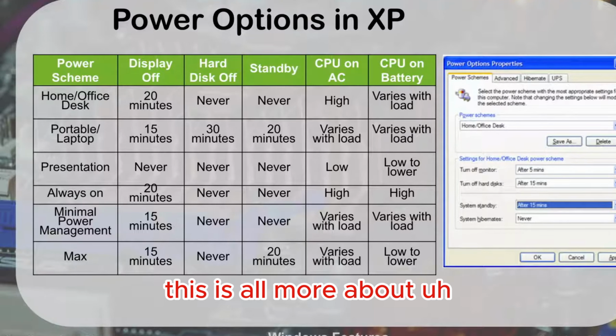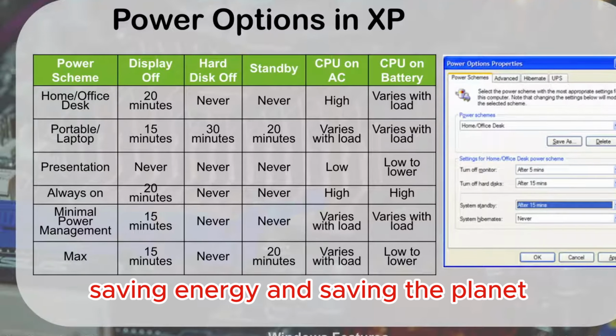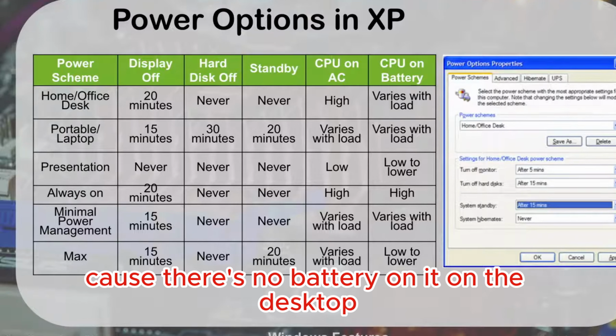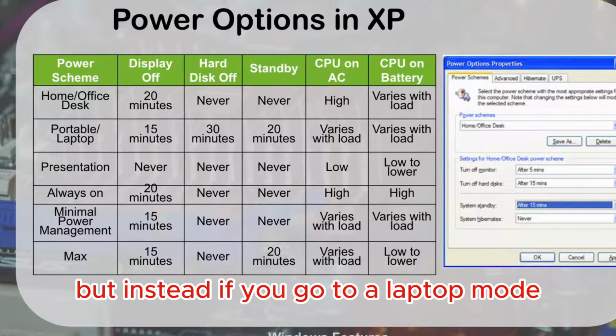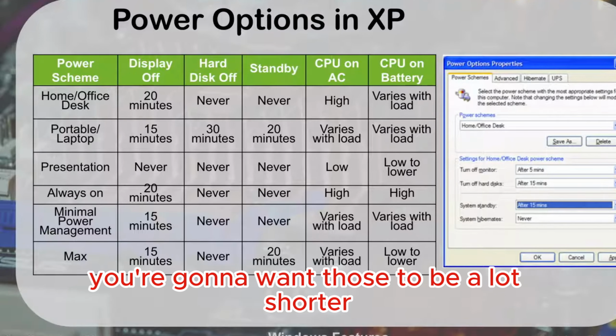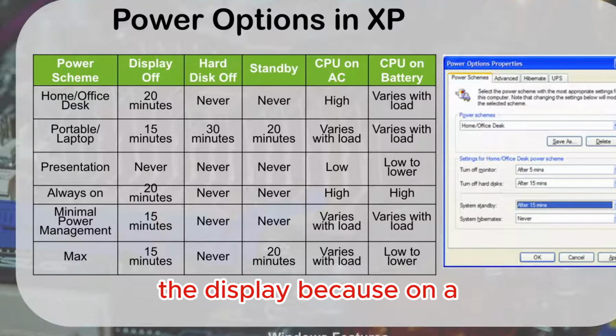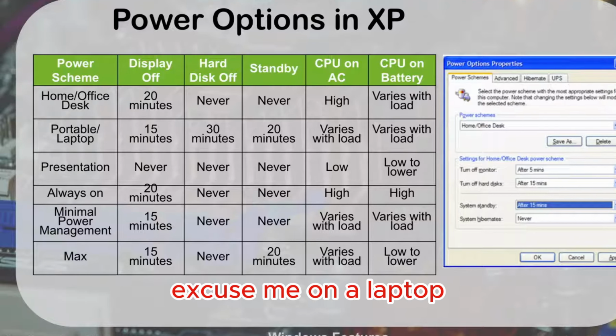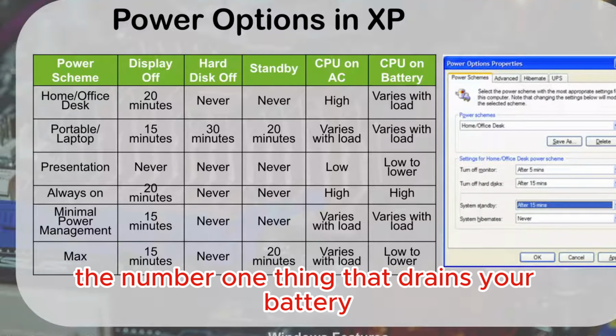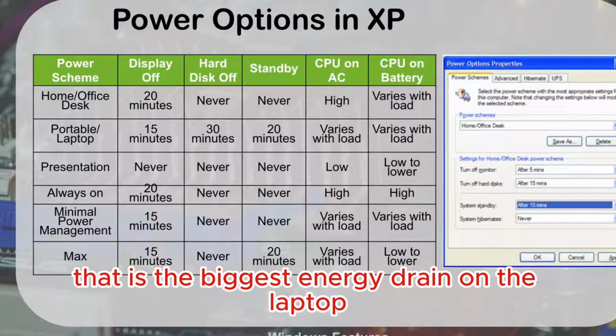This is all more about saving energy and saving the planet than saving battery life, because there's no battery on the desktop. But if you go to a laptop mode, you're going to want those to be a lot shorter, and maybe it's only going to be 3 minutes on the display, because on a laptop, the number one thing that drains your battery is your display. That is the biggest energy drain of a laptop.